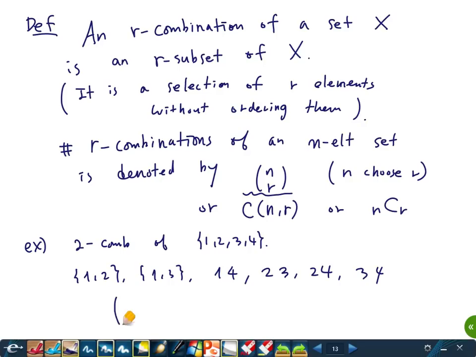Okay? So what is 4 choose 2 then? We have 1, 2, 3, 4, 5, 6, so it's going to be 6. Okay? But the natural question here: what is this number? How can you find this number in general? There is a nice formula for this. Theorem: n choose R is equal to n factorial divided by R factorial times n minus R factorial, where R is from 0 to n.